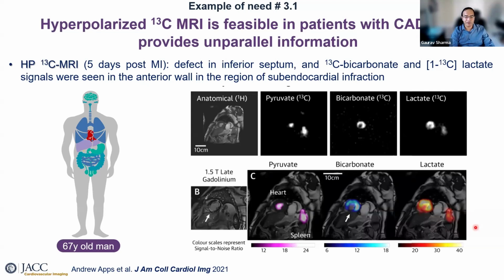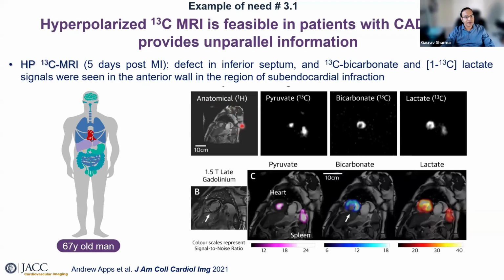He scanned four healthy subjects, and a couple of years ago, in the 2021 JACC Cardiovascular Imaging, a group from Oxford showed two patients with myocardial infarction imaged with carbon 13 of the heart.